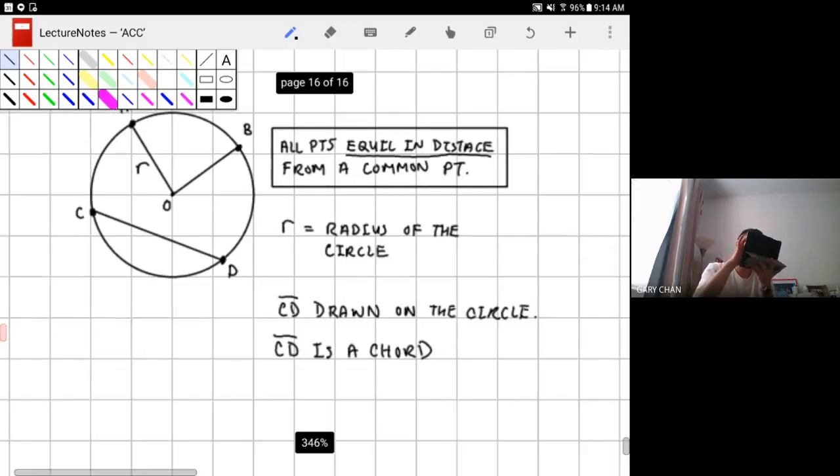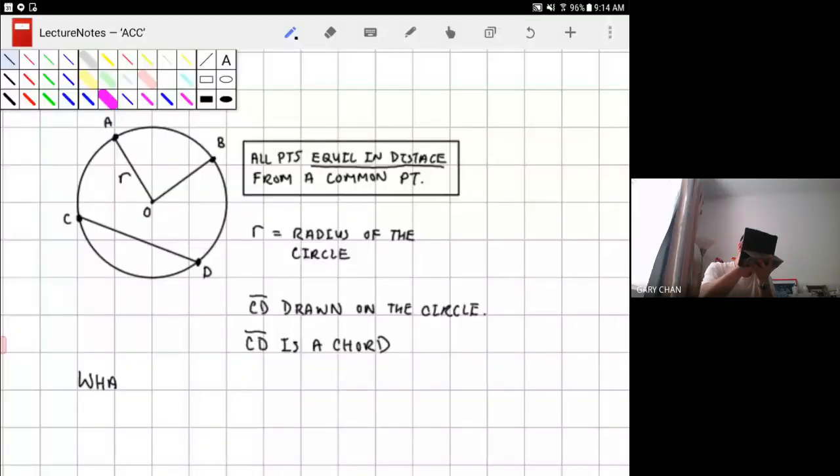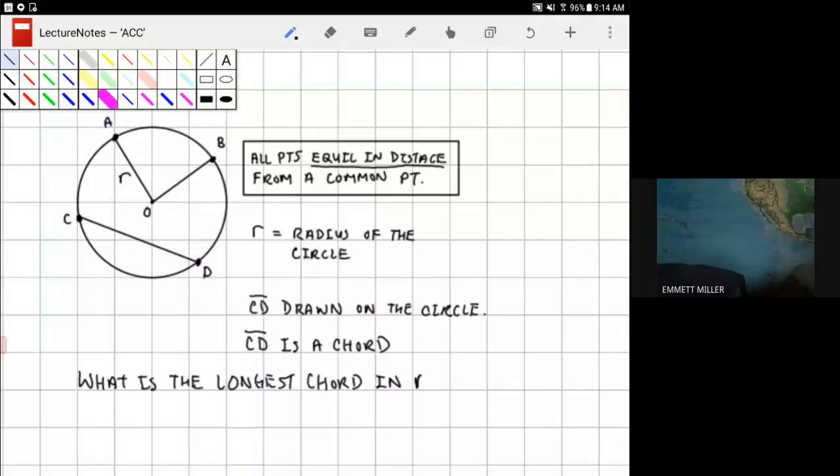But my question to you, knowing the name of this line that I just drew: what is the longest chord in a circle? The diameter.